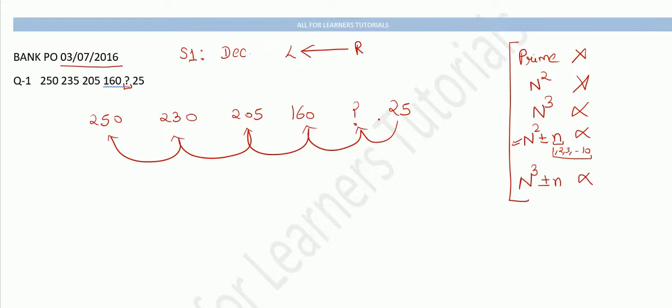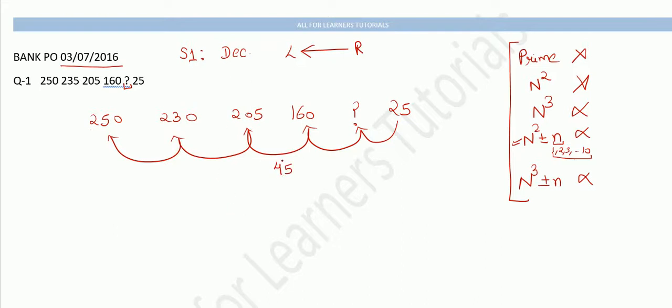Let's see this. 205 minus 160 is 45, right?